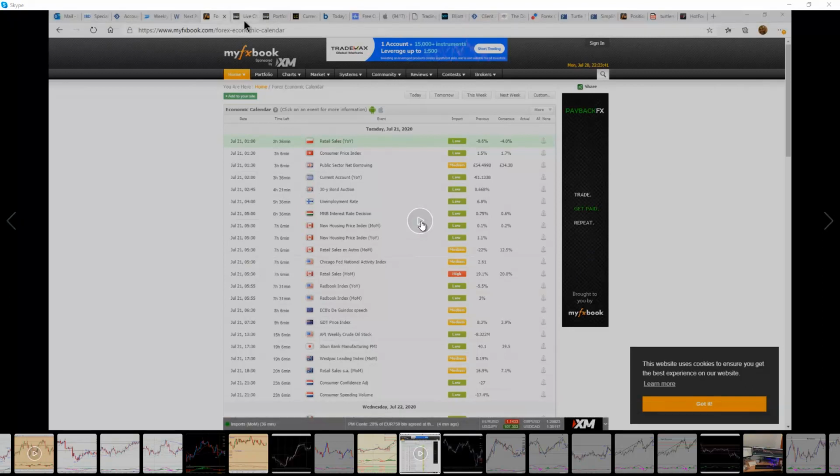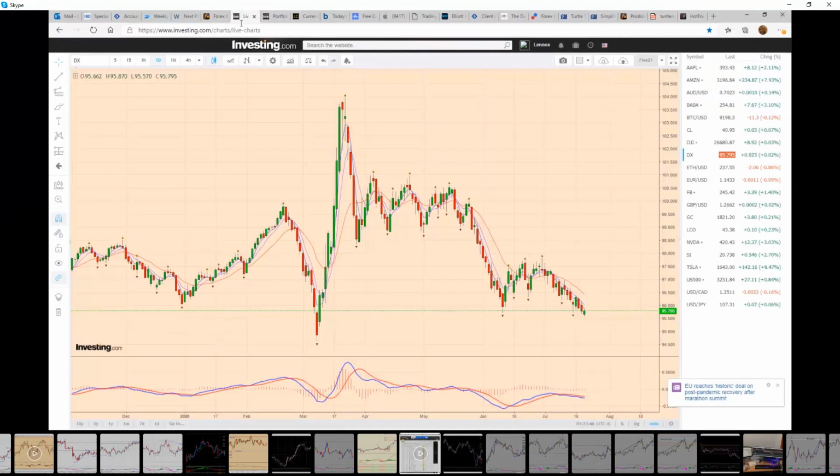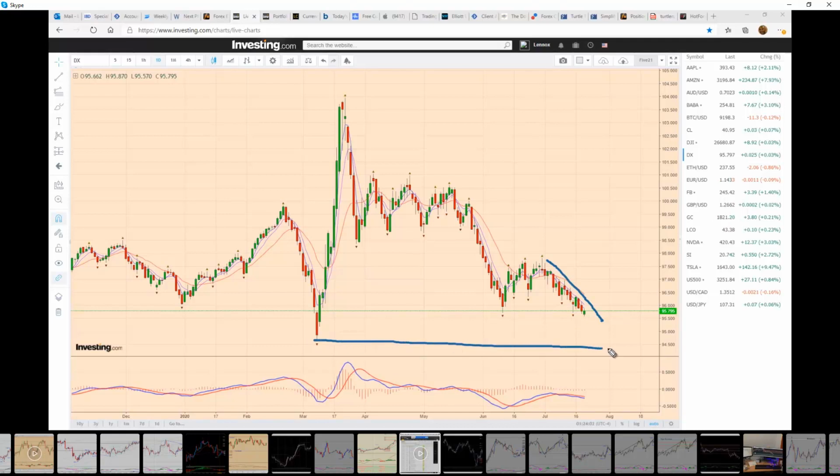Here's a little bit of it. Let's take a quick look at the US dollar futures index, and from the daily time frame, the same analysis holds. We're now in the fifth wave of this move to the downside, looking to come down into the support area, and I can actually draw out the support area.